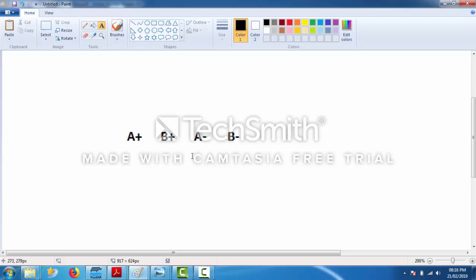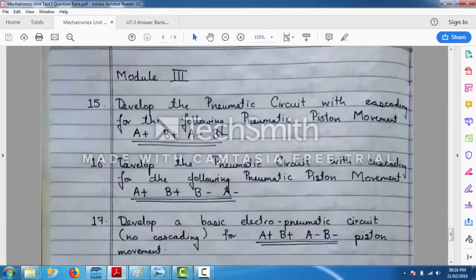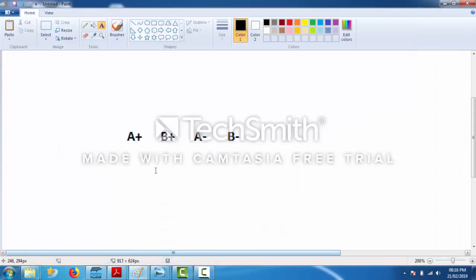The first thing while you are solving this circuit, as you can see in the question, it is written with cascading. So for cascading, the first step that you should do is divide this entire list into groups.